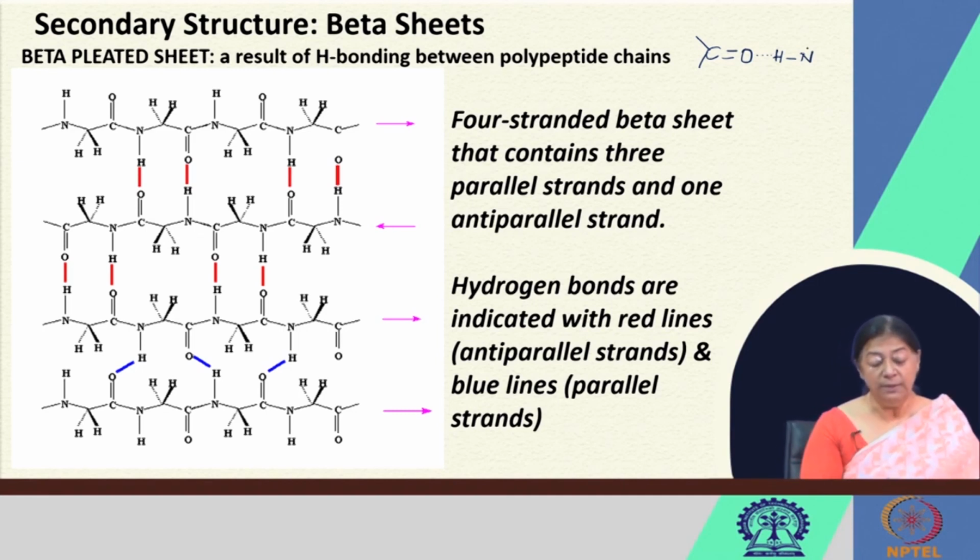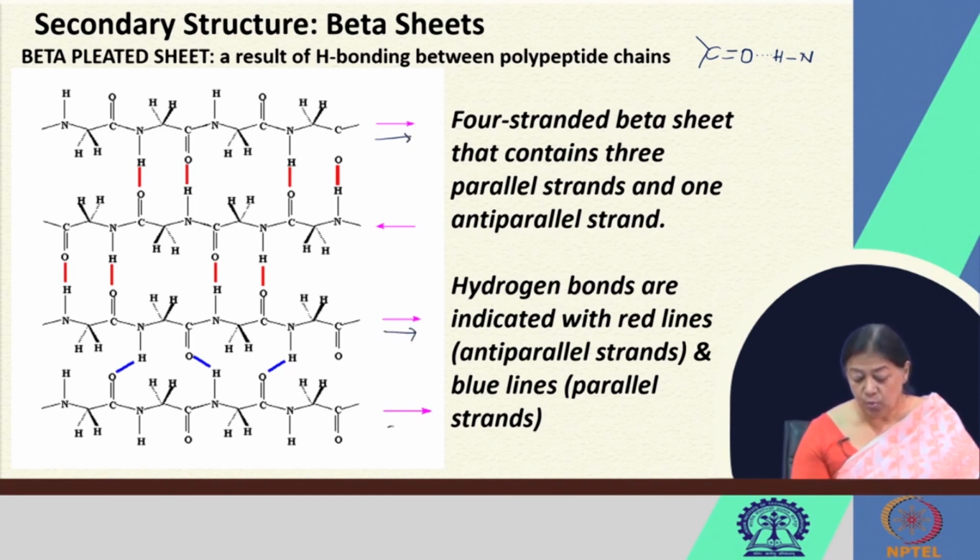Now, when we look at the pattern that is shown on the left, this is a beta pleated sheet that has specific strands to it. What do we see? We see 3 of these strands that are parallel in nature. We see one that is anti-parallel in the sense that it is going in the opposite direction.